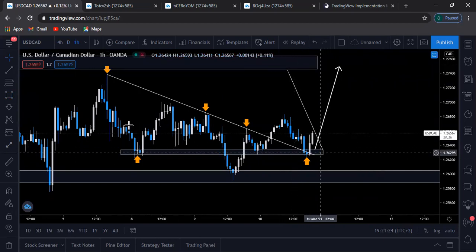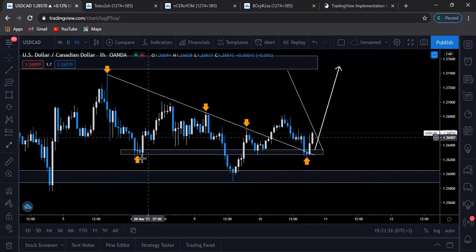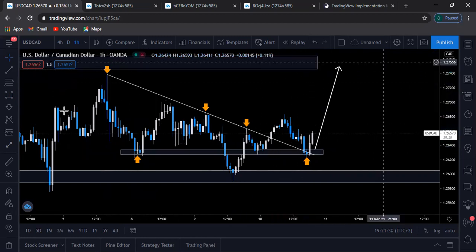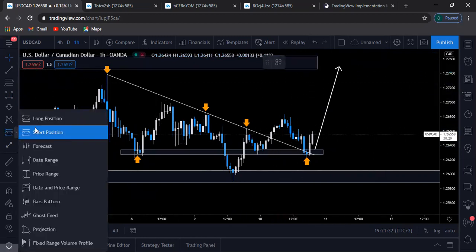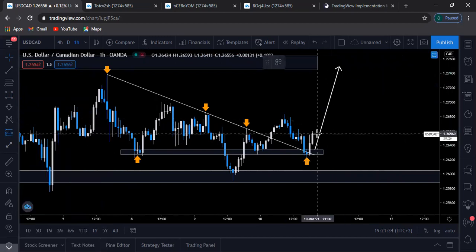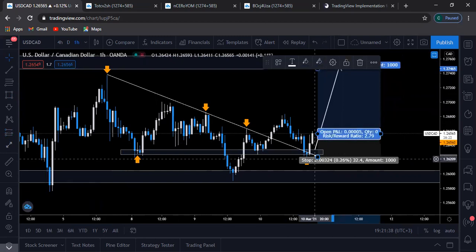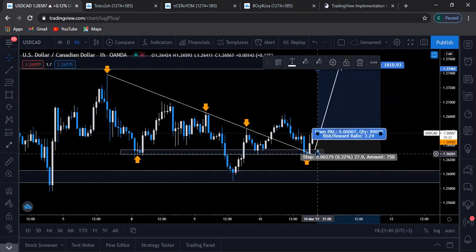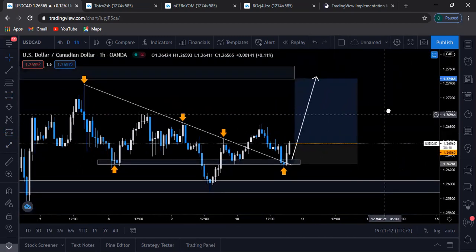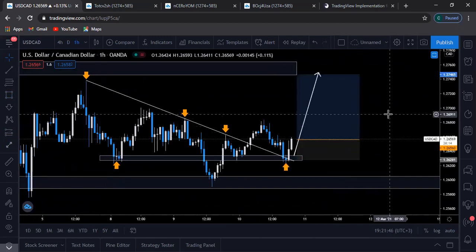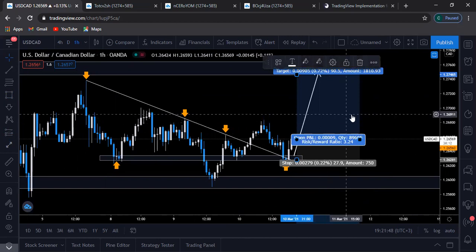As you can see, it's the same distance from the support to the head. So right now, if you take this trade, you'll have a good 1:3.2 risk to reward ratio. It's a very decent, good trade.